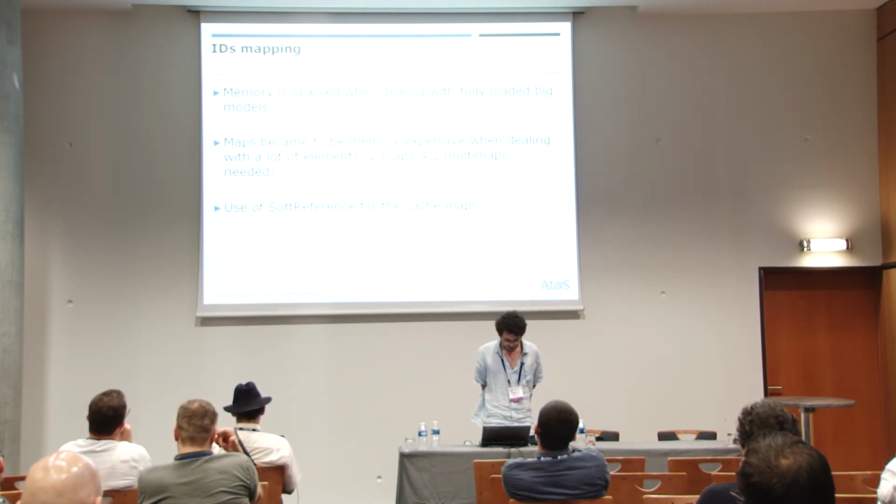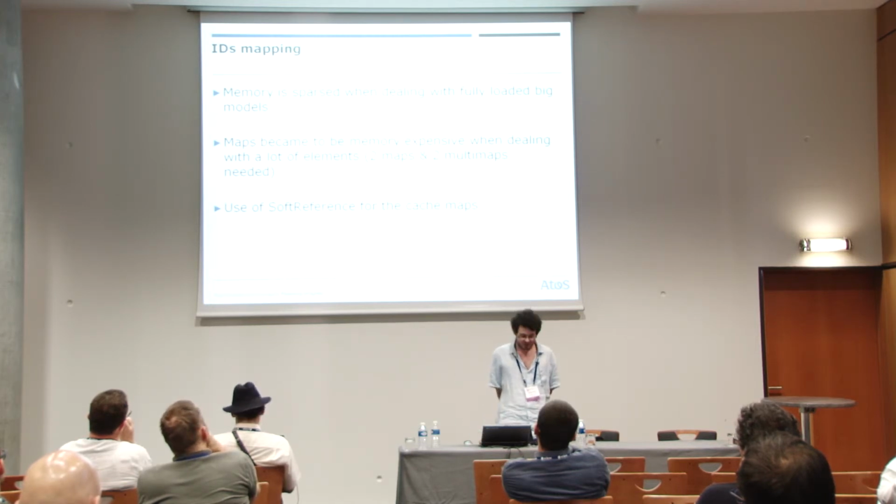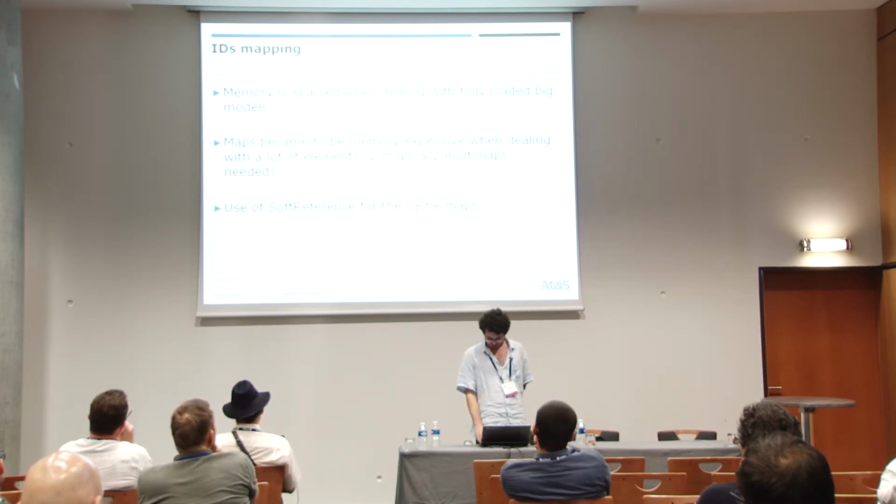That is quite heavy because I need like 4 maps to have the operations. So what I do is I store the maps using soft references. So if the software runs out of memory, they are collected by the garbage collector. And the next time I call the operation, I compute the maps again, and everything works again.